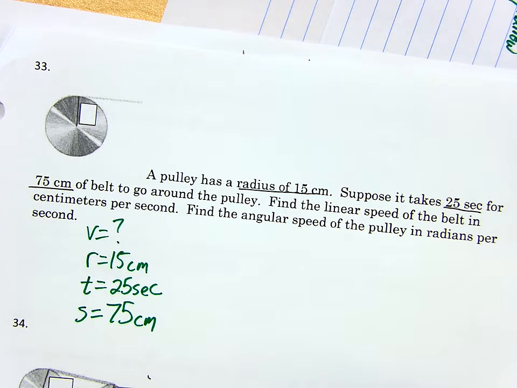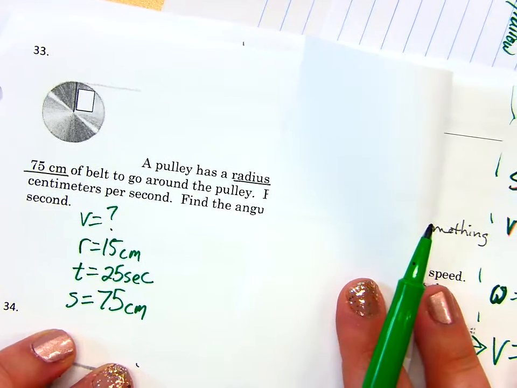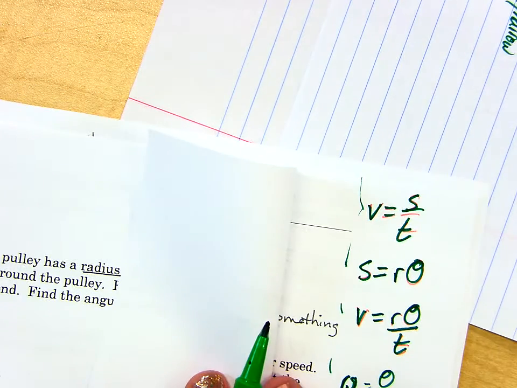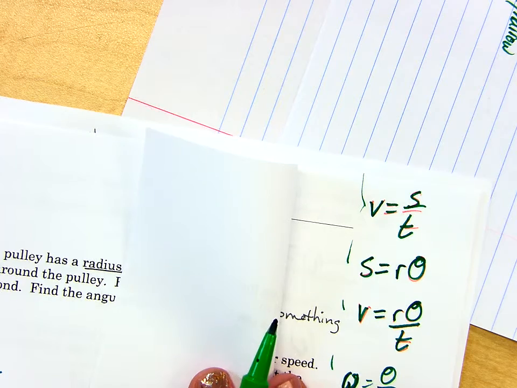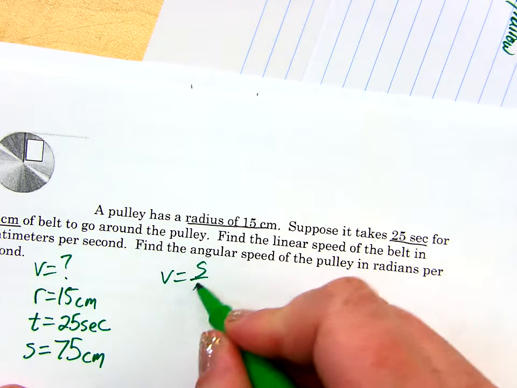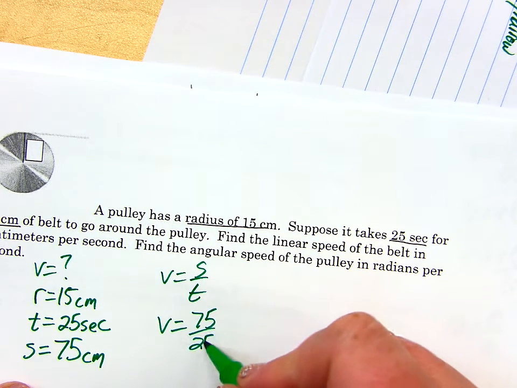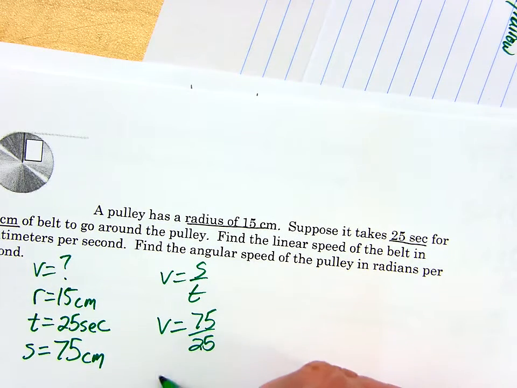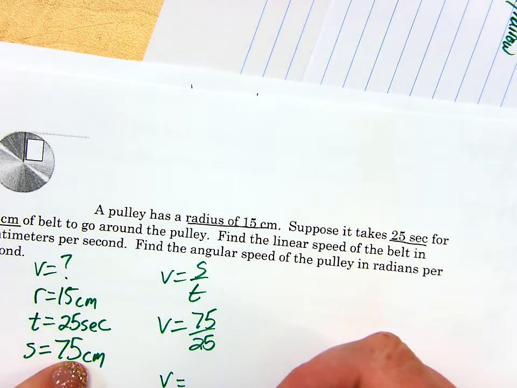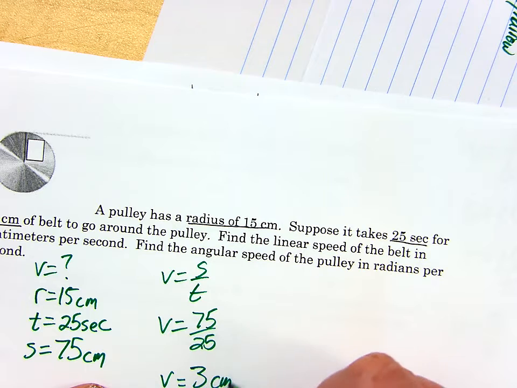Okay, so I have all these pieces. I need to solve for V. Let's see if I have enough to solve for V. If I look back, hey, look, the very first one. V equals S over T. I have an S and I have a T. So S is 75, T is 25, which means that V is 3 centimeters per second.